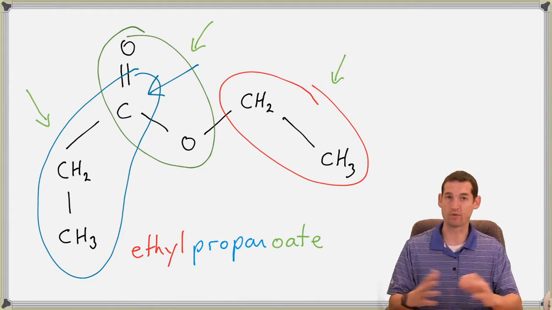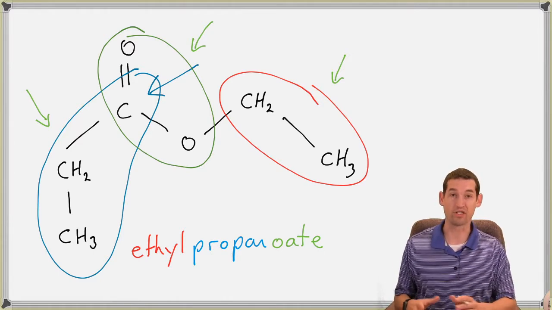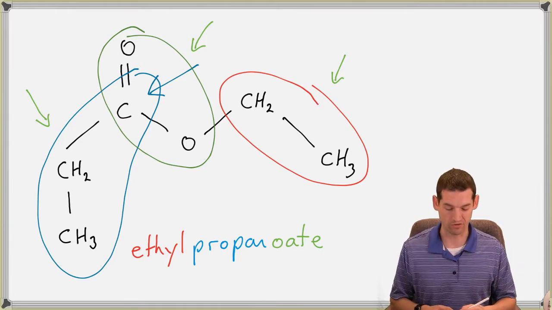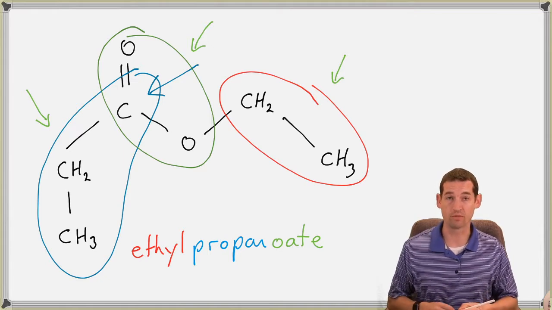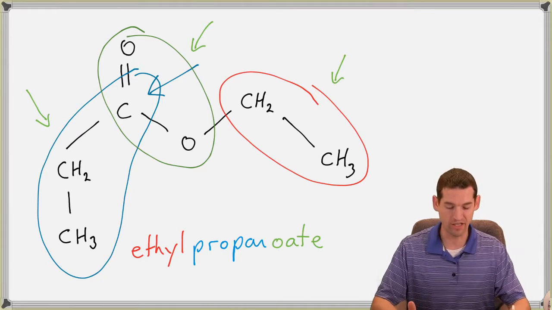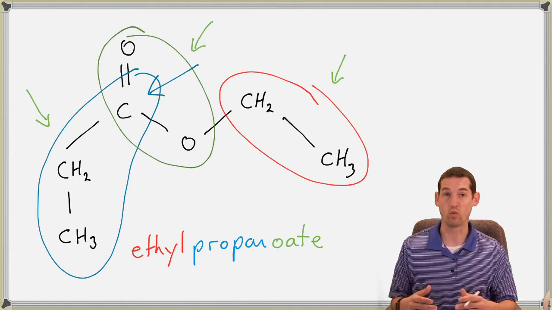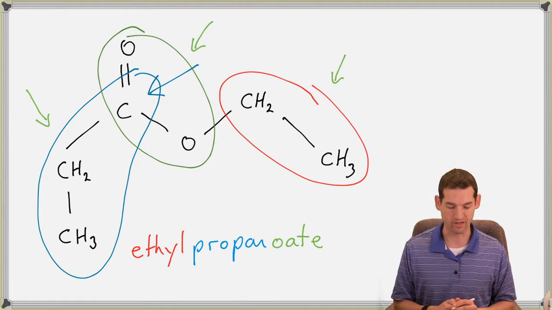They don't end up with extra branching in Chem 30 or anything else that you need to worry about. You just need to be able to identify the parent, the branch, and the fact that there's an ester linkage. Now, the naming doesn't get more complicated, but they will expect, at least later on, you to be able to look at this molecule and tell me what carboxylic acid and what alcohol combined to make this.